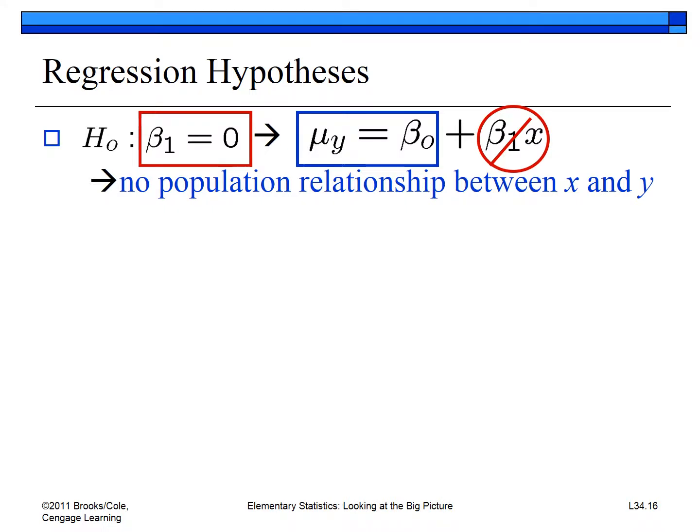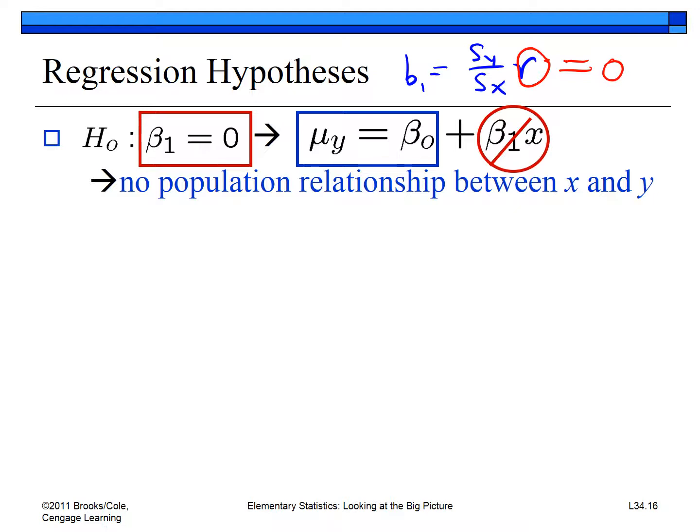Remember, we learned once upon a time that the slope of the regression line, that's B1, is equal to the standard deviation of the y's divided by the standard deviation of the x's times r. So if the slope of that regression line is 0, the only way that can happen is if r is also equal to 0.